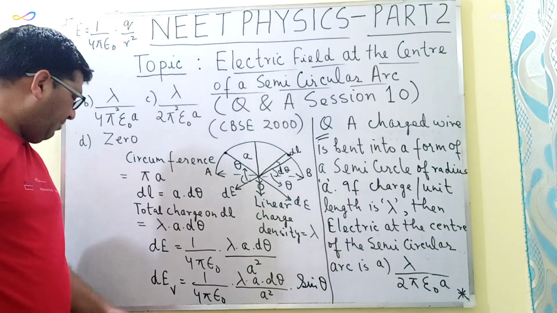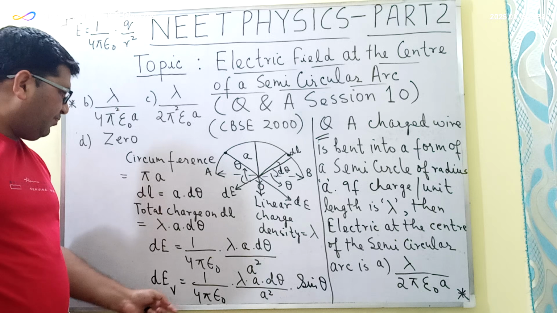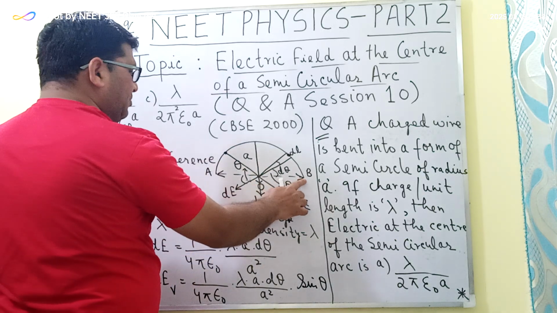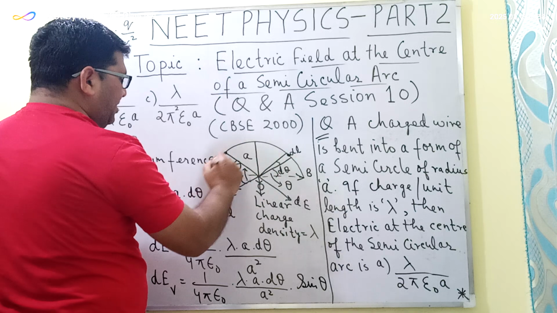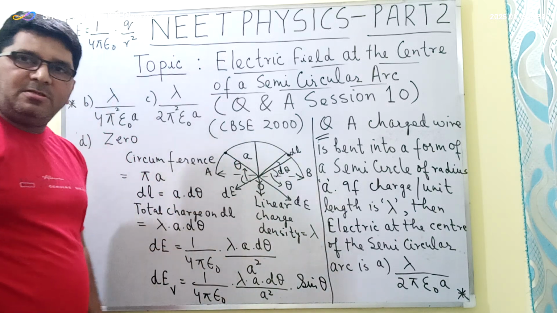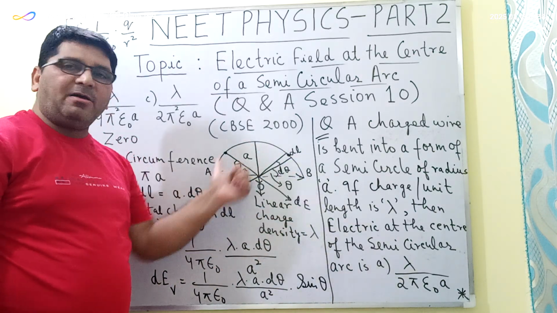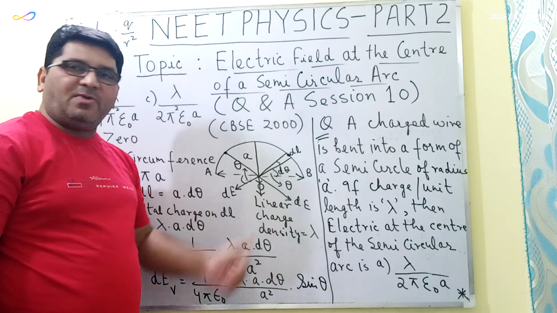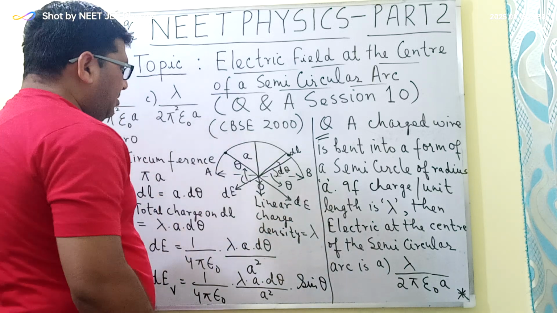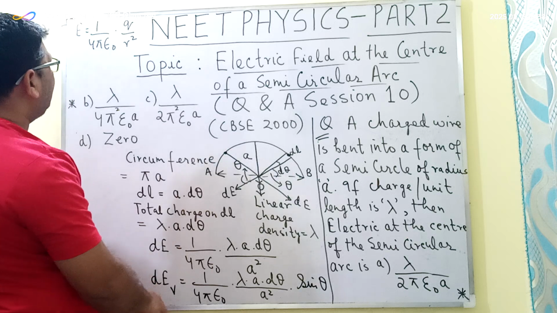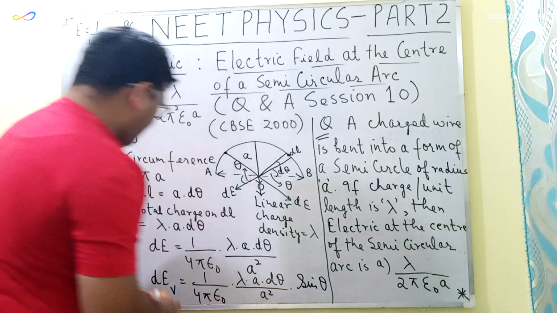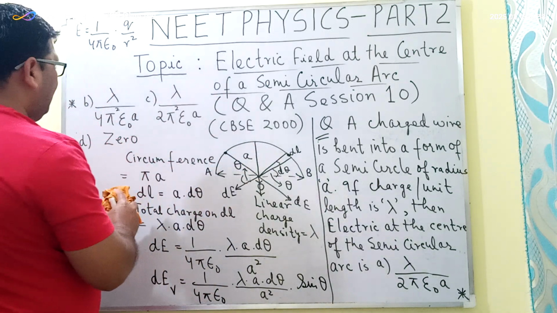And now I will be simply integrating this value within the limits of 0 to pi. That is, if I move from here to here, then the total angular displacement will be equal to 180 degrees. So I will be simply integrating this value within the limits of 0 and pi.